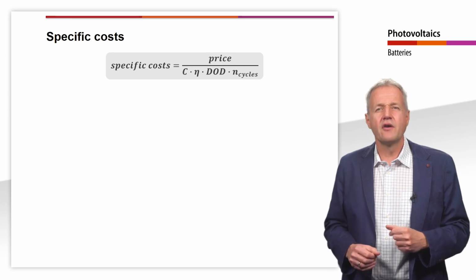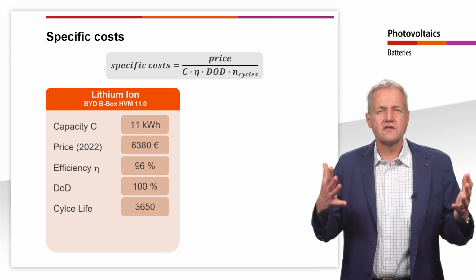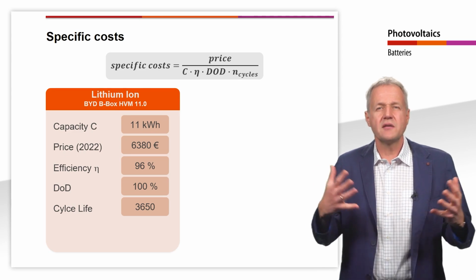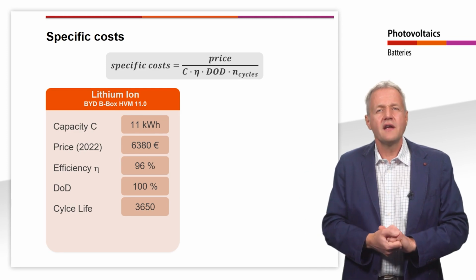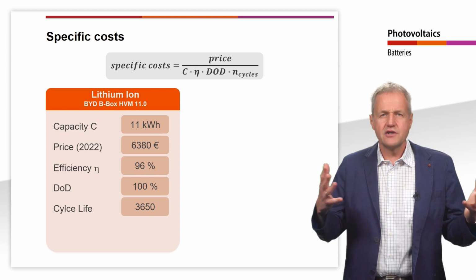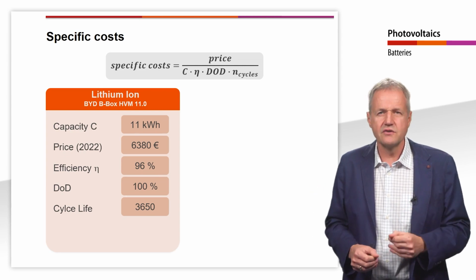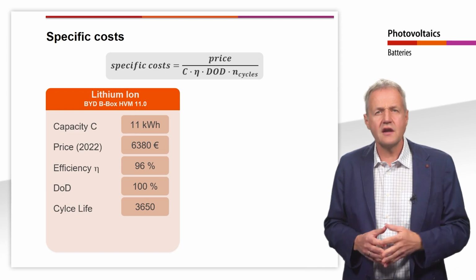Let's, for example, have a look at a lithium iron phosphide battery, which is sold specifically for use in PV systems. The chosen model has a capacity of 11 kilowatt hours. The retail price in 2022 is 6,380 euro. The efficiency of the battery is 96%.